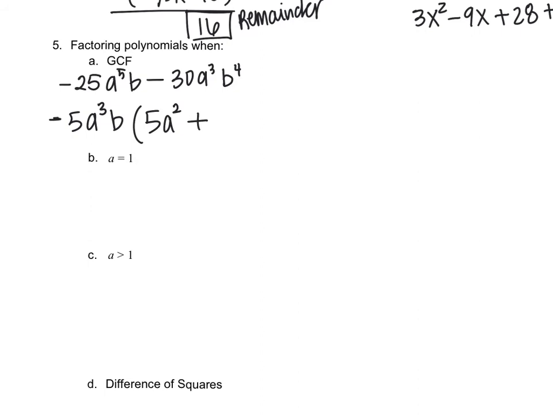This is probably the biggest mistake on the quiz, is because we factored out a negative, our operation needs to change to addition. Because -30 divided by -5 is a positive 6. And then there were 3 a's, and we took all of them out. And then we took out one b, which means we're left with 3 in the parentheses.